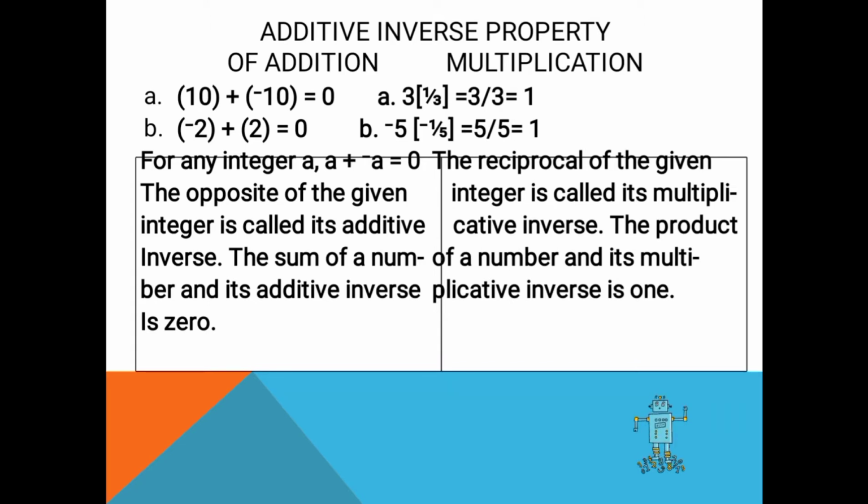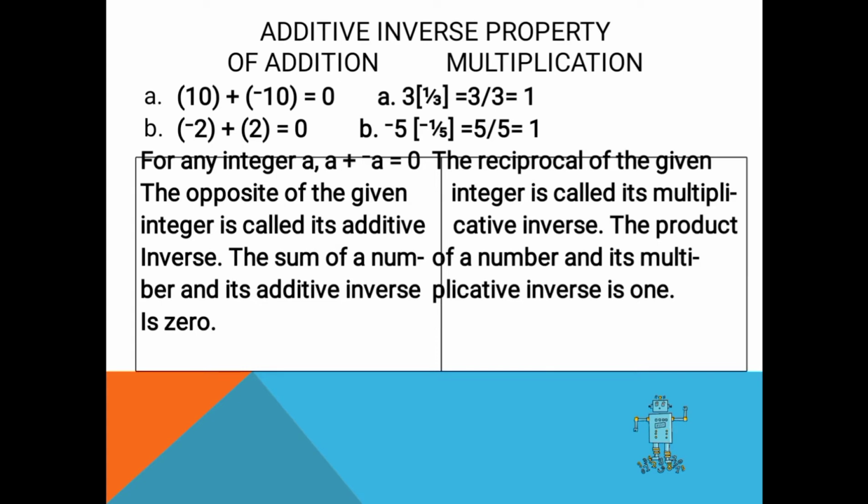The sum of a number and its additive inverse is 0. Meaning to say, the opposite of positive 10 is negative 10, and the result is always 0. So any number, as long as it is the opposite, the result is always 0 when you add. That is the additive inverse.